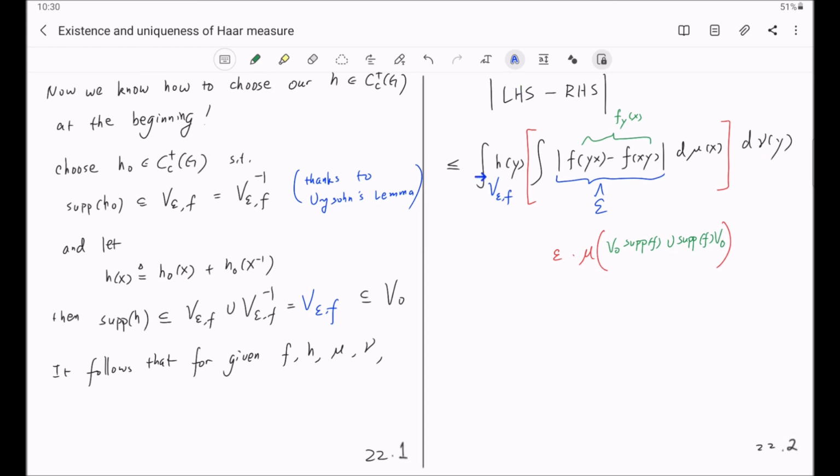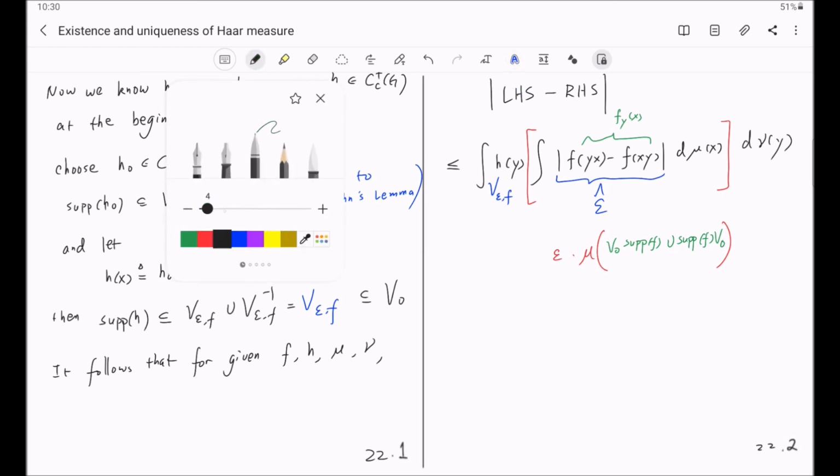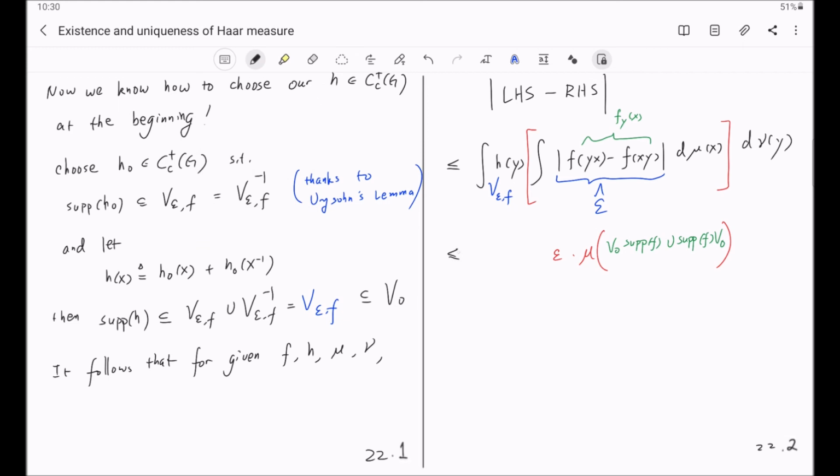So this whole thing will be bounded by this guy times the integral of h against nu over V_0. V_0 is fixed. This is not fixed, but V_0 is fixed. And V_0 contains this. But anyway, we only need the fact that this is a finite number.